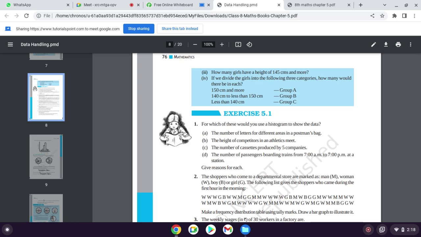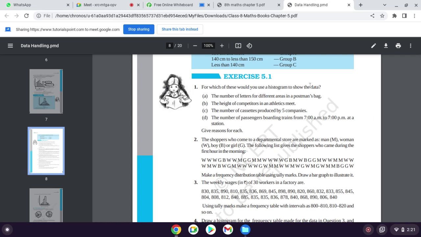Yeah, ma'am. In exercise 5.1, we just have to tell which of the given data will be arranged in the form of a histogram.